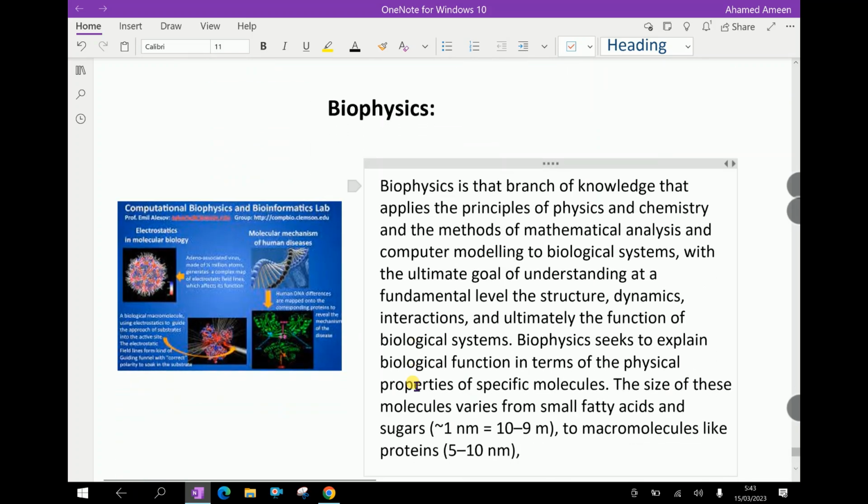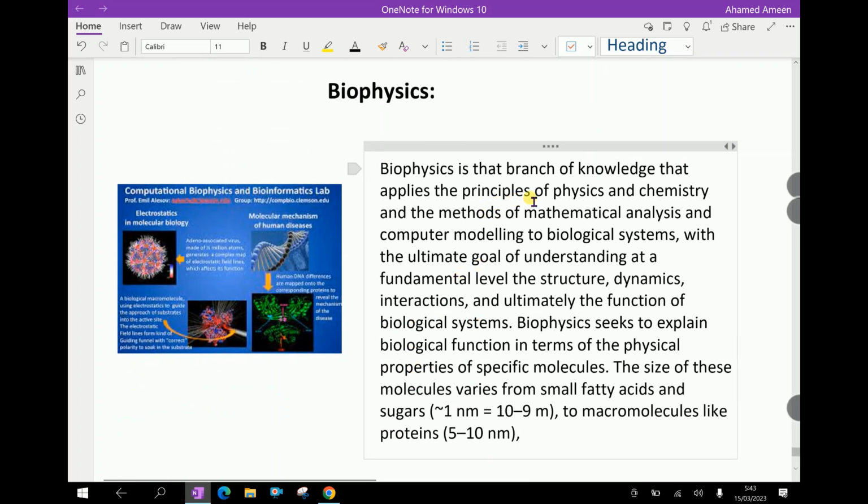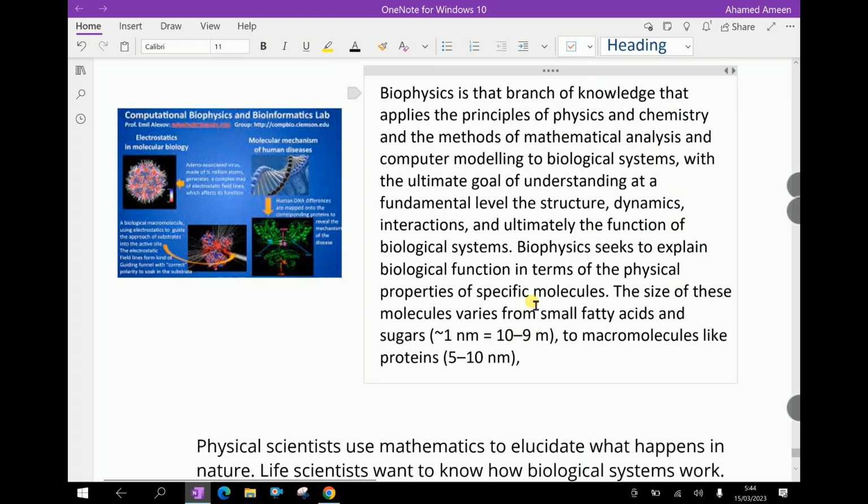Next, biophysics. Biophysics is the branch of knowledge that applies the principles of physics and chemistry and the methods of mathematical analysis and computer modeling to biological systems, with the ultimate goal of understanding at a fundamental level the structure, dynamics, interactions, and ultimately the function of biological systems.